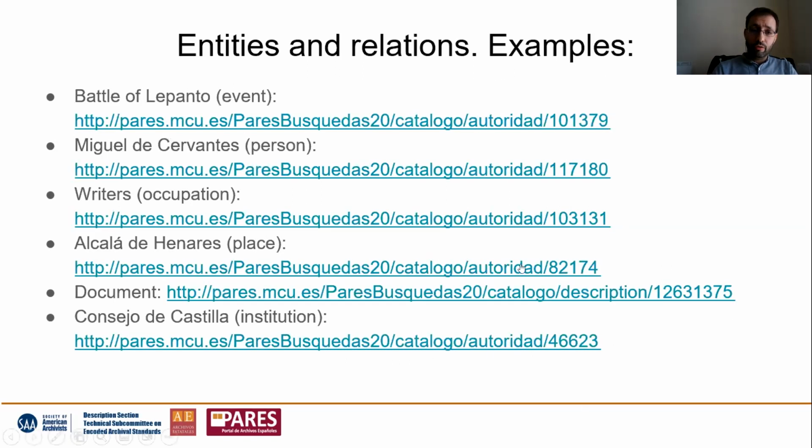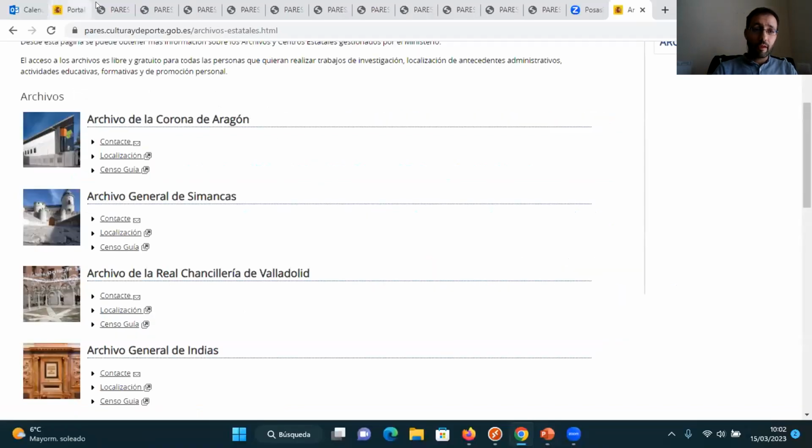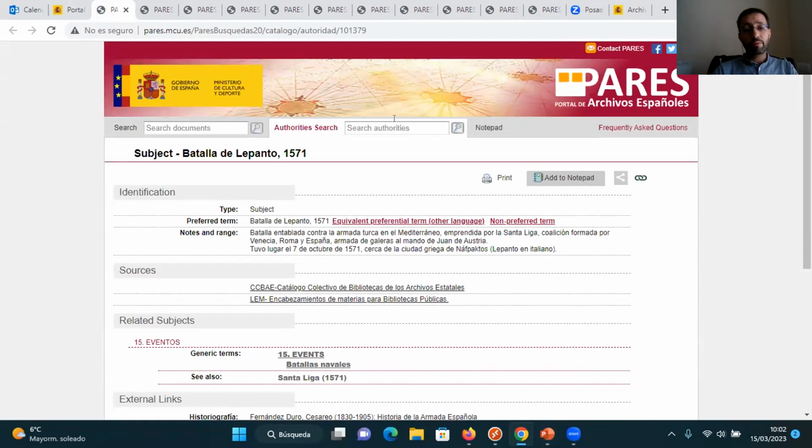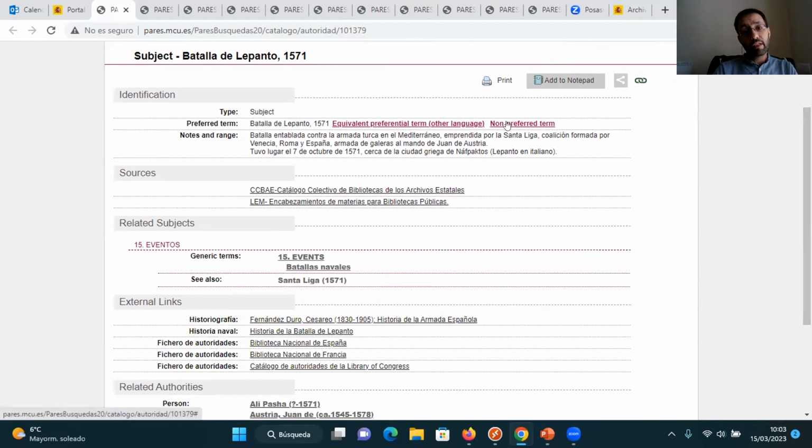Now we are going to see some examples. During the last days, we are having some technical problems in PARES, in the portal, and it works slowly. I'm trying to simulate a navigation in the portal, okay? If we search in PARES the description of one entity, like Battle of Lepanto, it is an entity of kind event, and this is our description of this event in PARES.